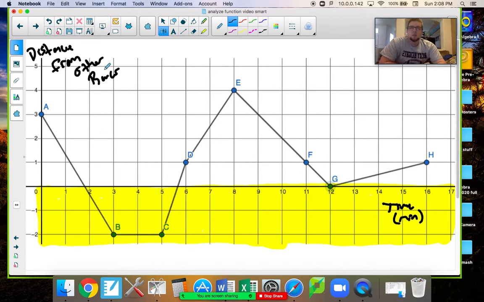So we're in a race, just me and this other person. I'm running. At the start of the story, I'm 3. Let's say it's feet. Let's go feet. I'm 3 feet ahead of the other racer.